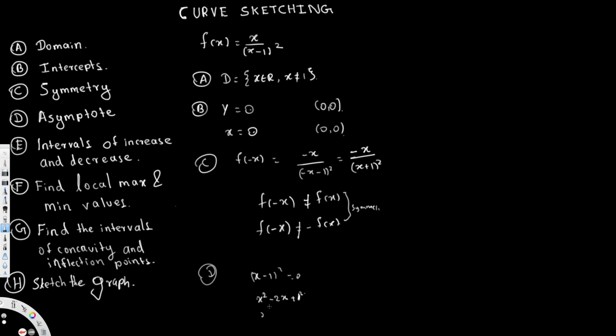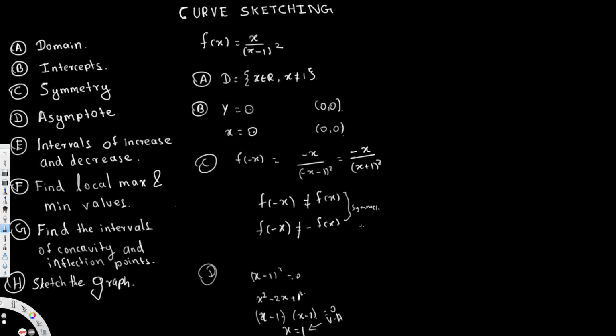So the value that will work is minus 1: minus 1 minus 1. Therefore x is going to be equal to 1. So x equals 1 is going to be the vertical asymptote.